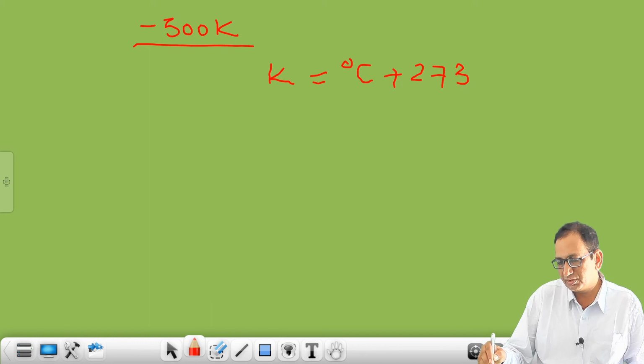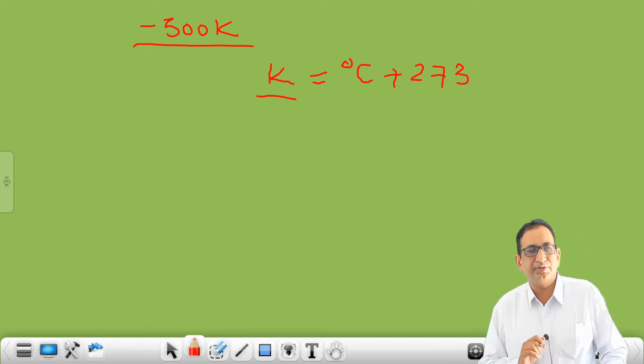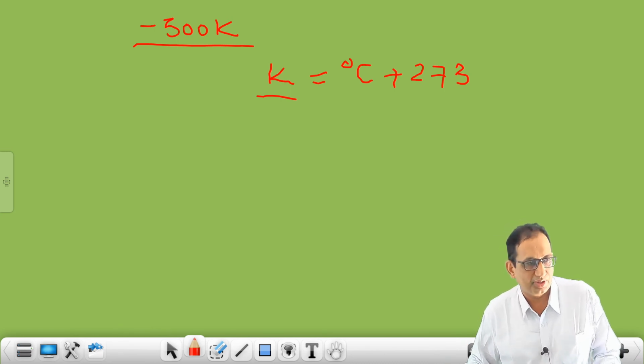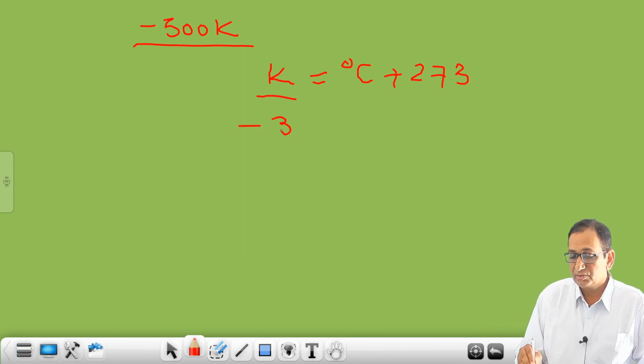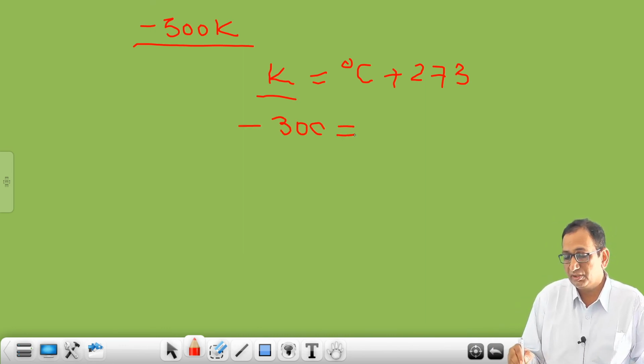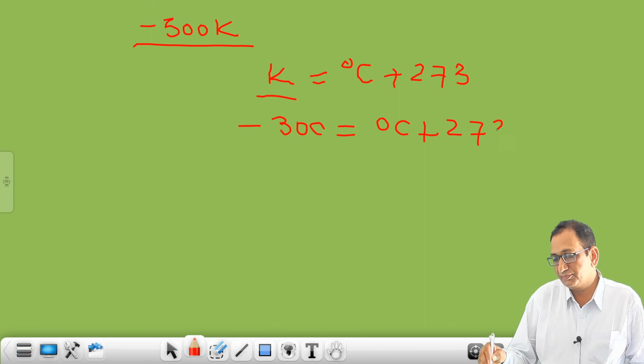It's very easy to find this. Now here, the Kelvin scale's temperature is minus 300. So in place of K, we can put minus 300. So minus 300 is equal to degree Celsius plus 273.